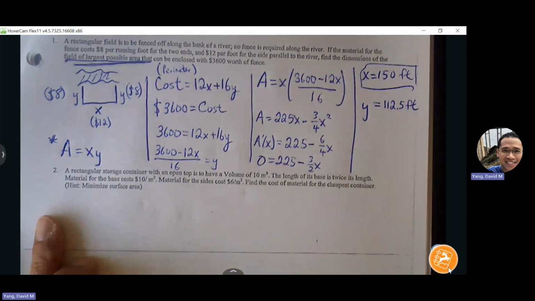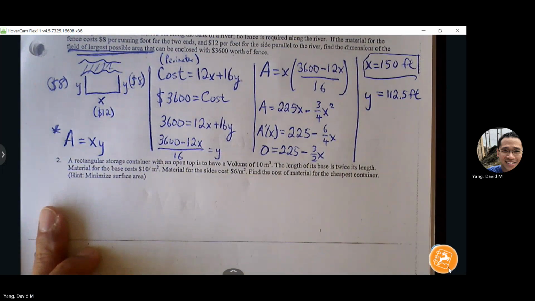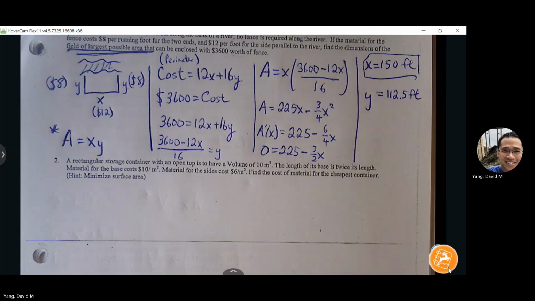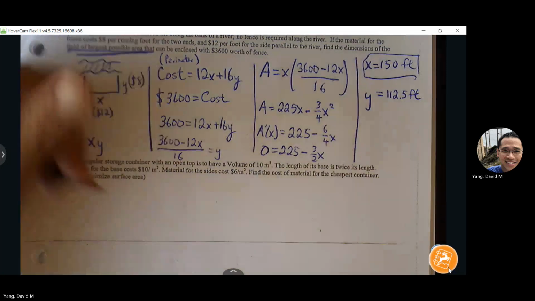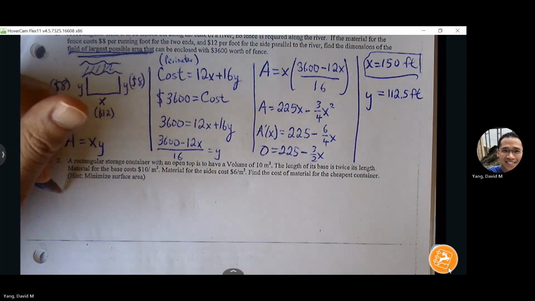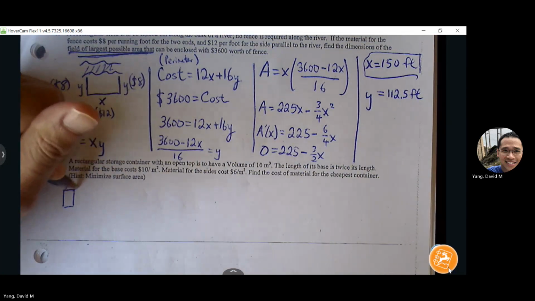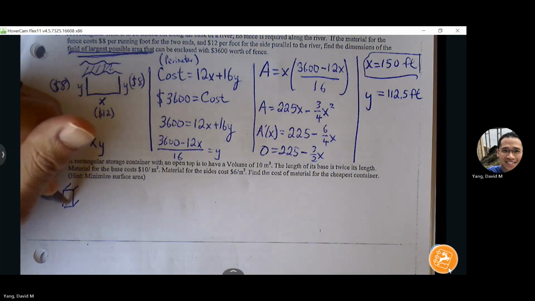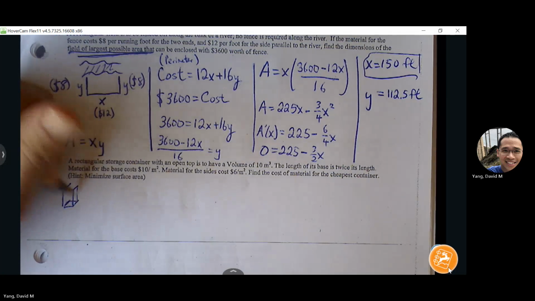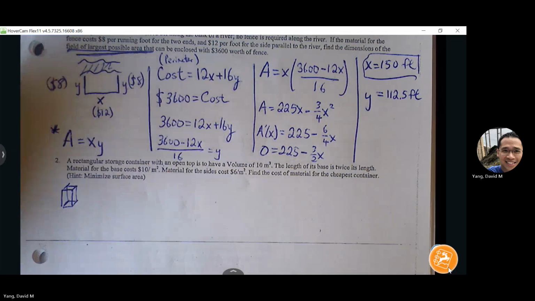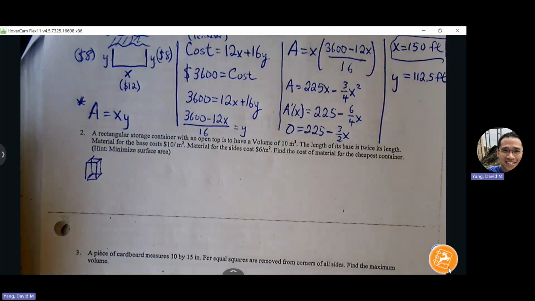Okay, number 2. A rectangular storage container with an open top is to have a volume of 10 cubic meters.